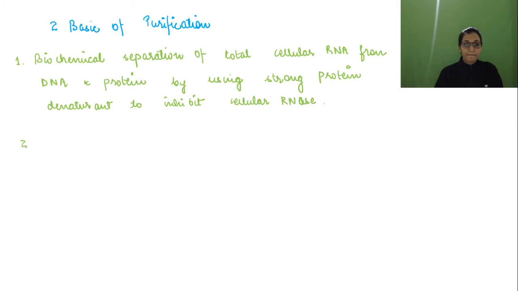First thing. Now second step, isolation of poly-A tail mRNA using an oligo-dT affinity matrix.